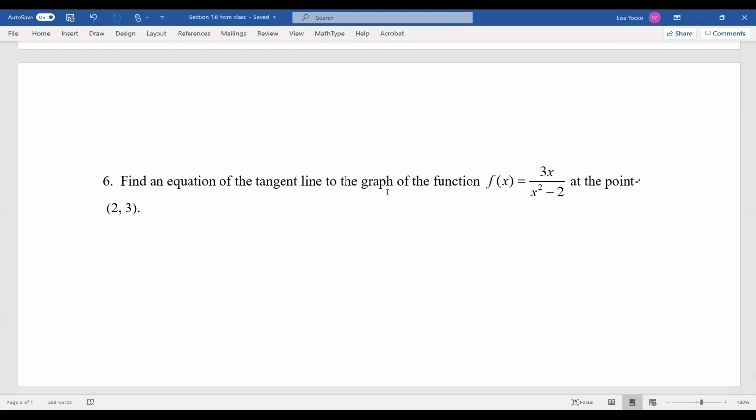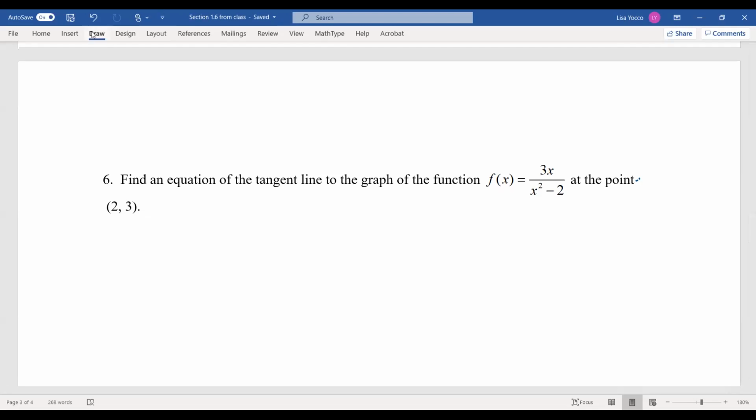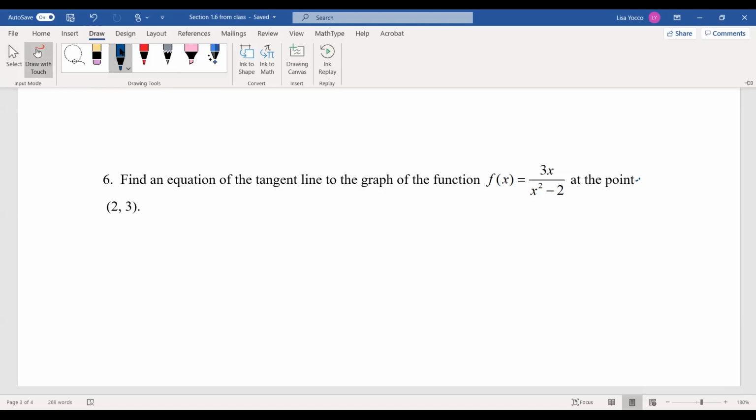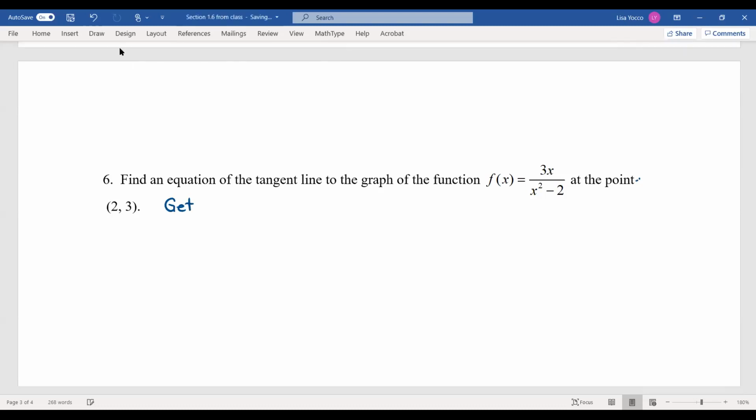Then we have to substitute in point slope form to get the line. So we'll get the derivative for the slope of the tangent line. And that's really what we're learning in this section.